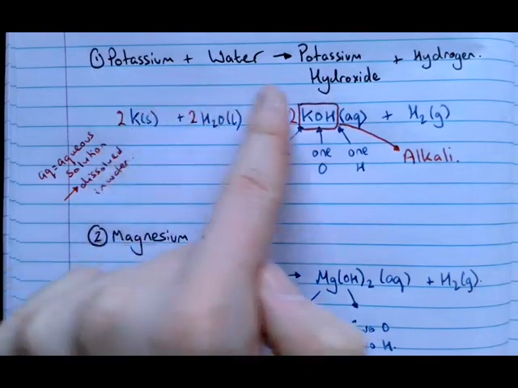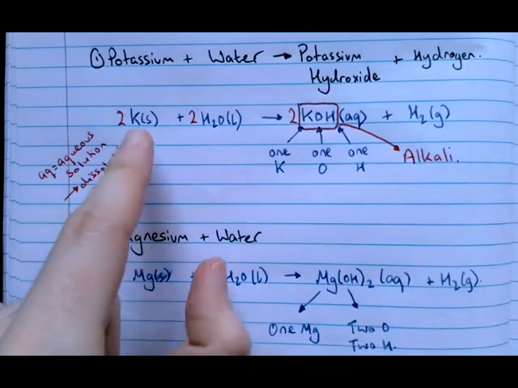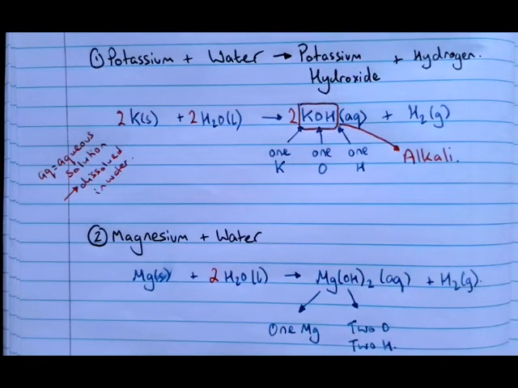If you do this reaction, what actually happens is that the potassium catches on fire and starts fizzing and moving around on the surface of the water. Whereas magnesium, that's quite a slow reaction. You probably wouldn't see very much happening. All right, so how much they react depends on which metal you use.